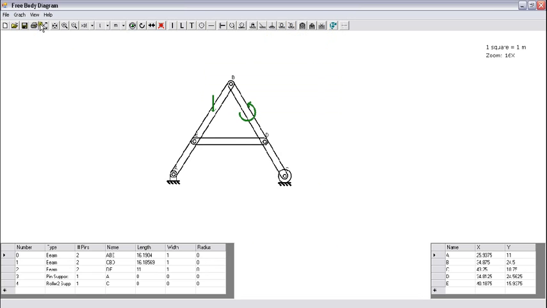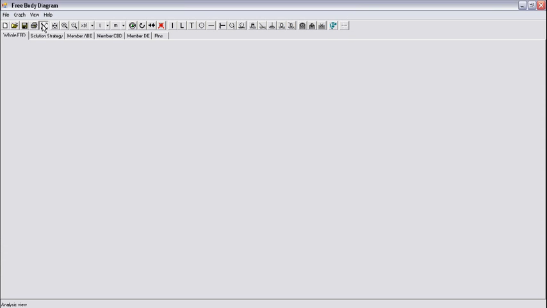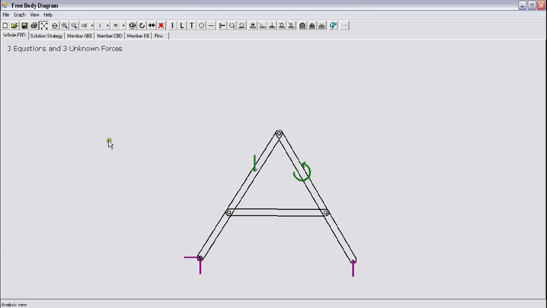Now if I draw the free body diagram for this case, here are the two forces coming from the pin support. Here is the force coming from the roller support. We will look at this pin at node B, which connects two members.